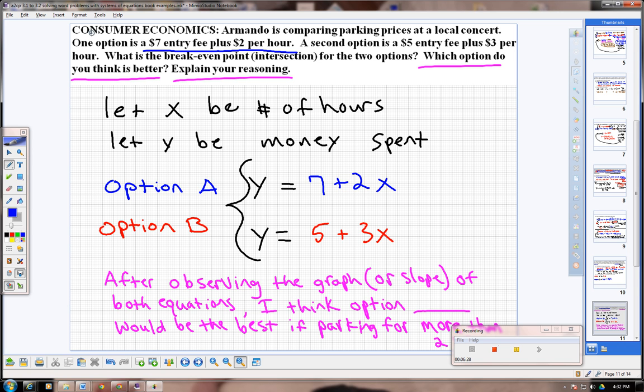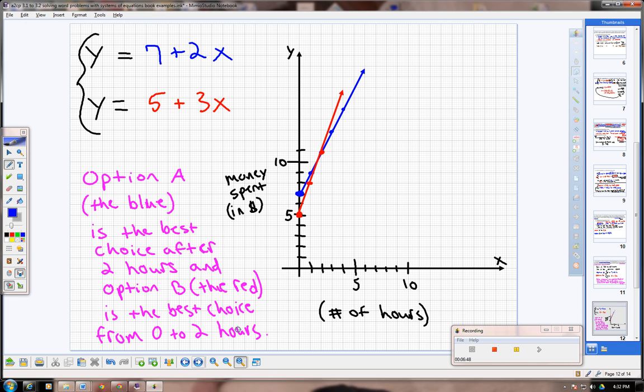In the consumer economics question, having a visual for this one is very important. We create the two options, and really the question is saying which option do you think is better, and it really depends on your reasoning, because at the point (2,11), where these two lines intersect, that's where they're the same.